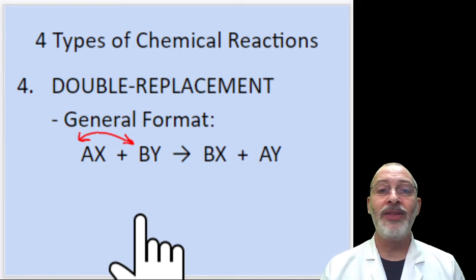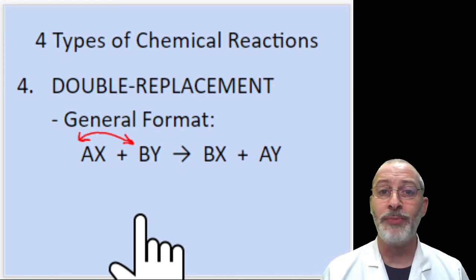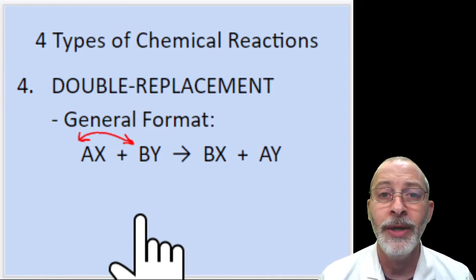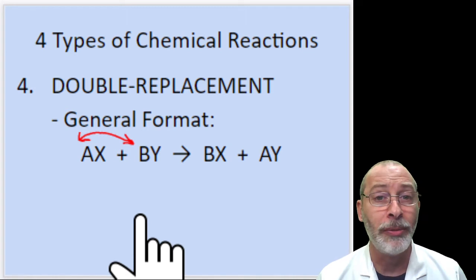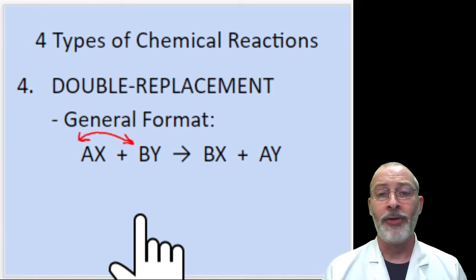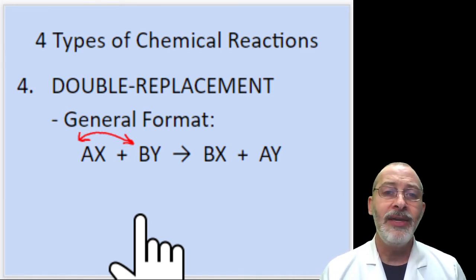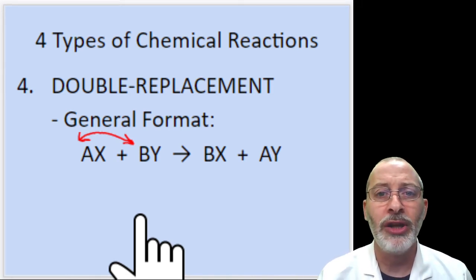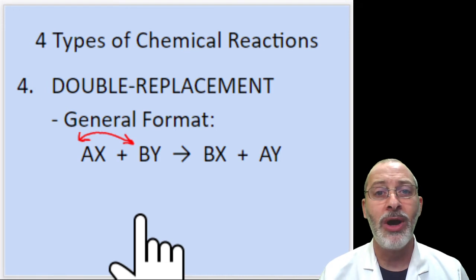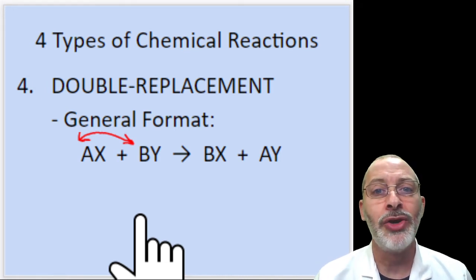Now, I want to add some information that you should pay attention to because it will help you in identifying double replacement reactions, as well as single replacement reactions from yesterday. If you think back to when we first started learning about chemistry, we talked about some standard notation.